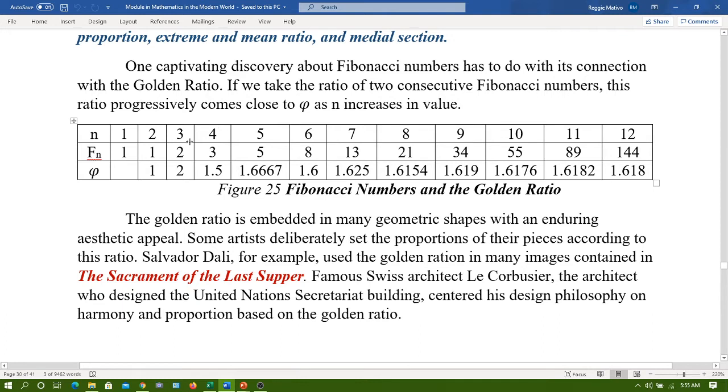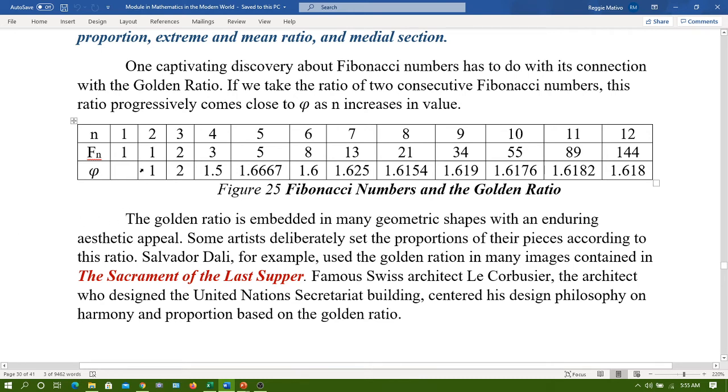If n is 4, the value of f of n is 3. If n is 5, the value of f of n is 5. If n is 6, the value of f of n is 8. And if the value of n is 7, the value of f of n is 13. And so on up to 12 in this illustration.